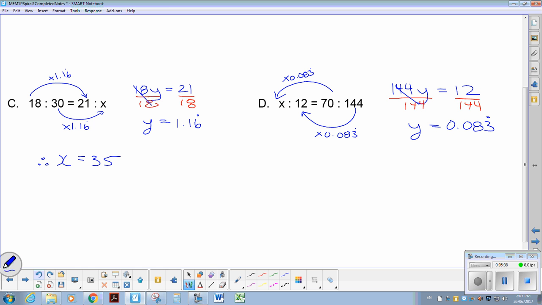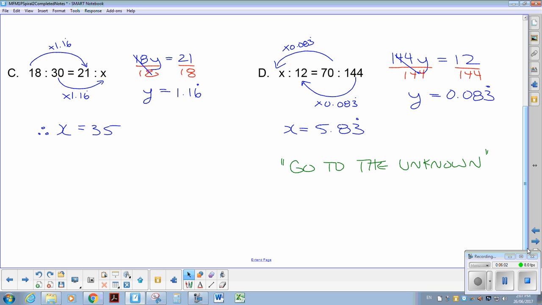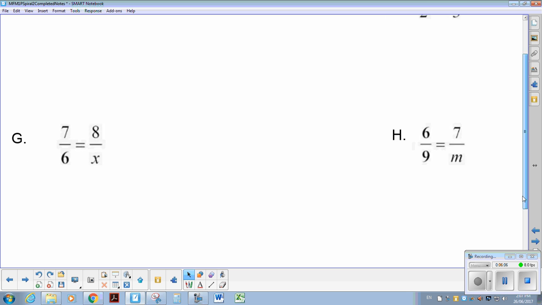So 70 times that number gives us 5.83 repeated. So remember, you always want to go to the unknown. That'll make more sense in future lessons. Off to the next and final set of examples here. What happens if we have it in terms of fractions?